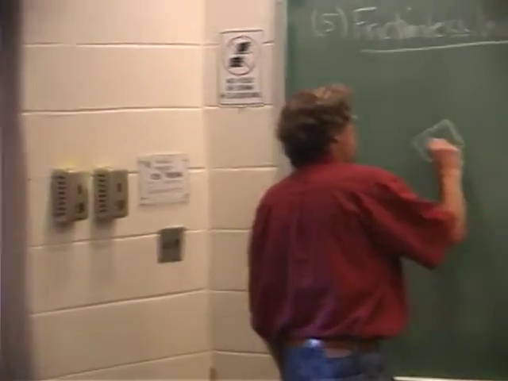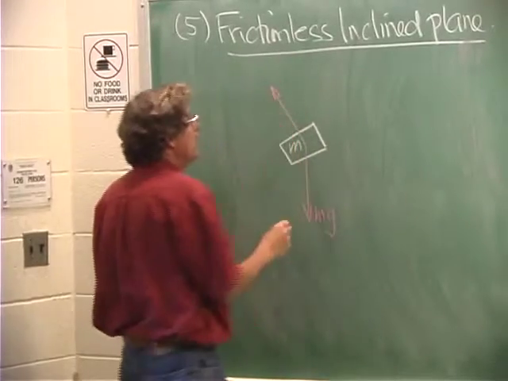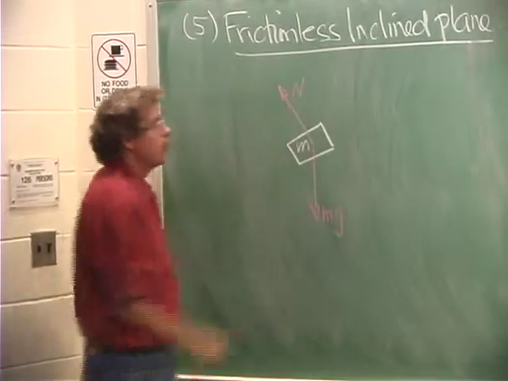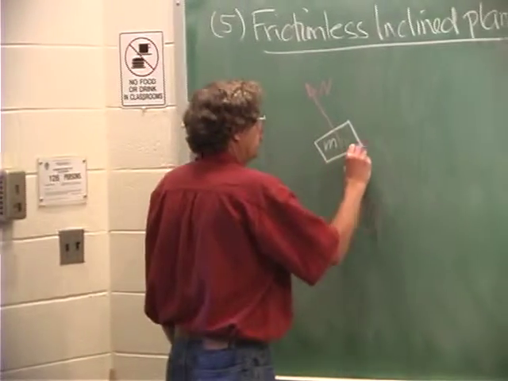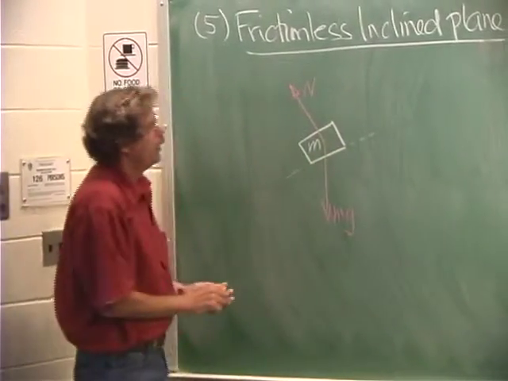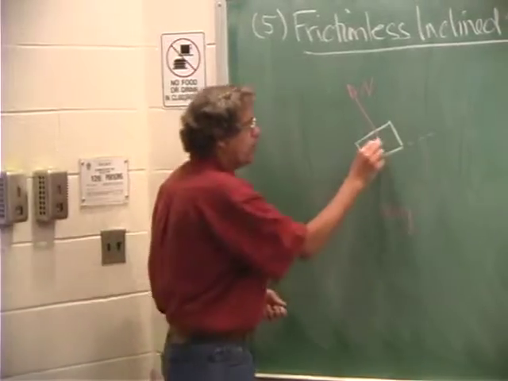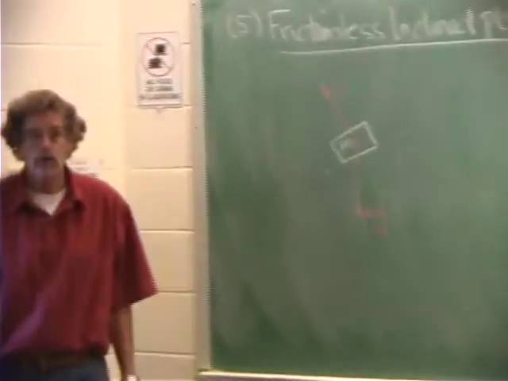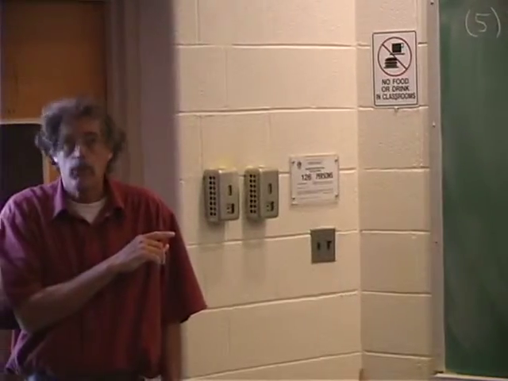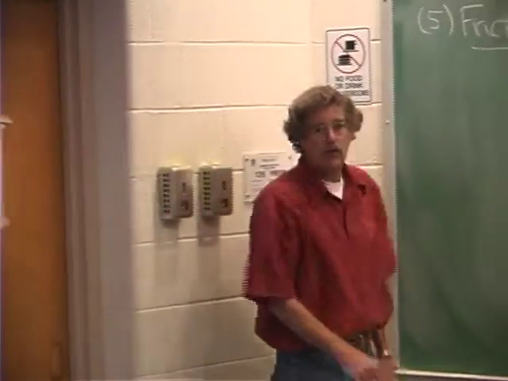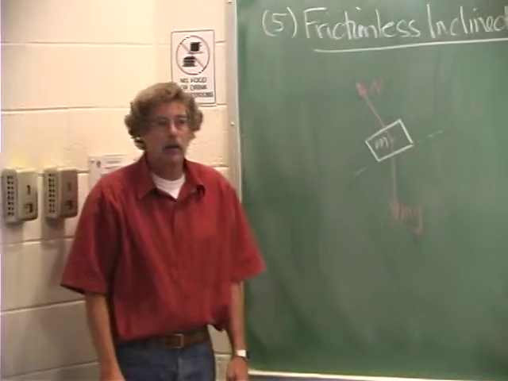So straight up relative to the surface, if you like, but perpendicular to the surface. There's the normal force. Here's the surface, just to remind you. Surface there, and the normal force acts perpendicular to that surface. Normal forces always do. Anything else? Nope, that's it. Those are the only two forces acting on this object.